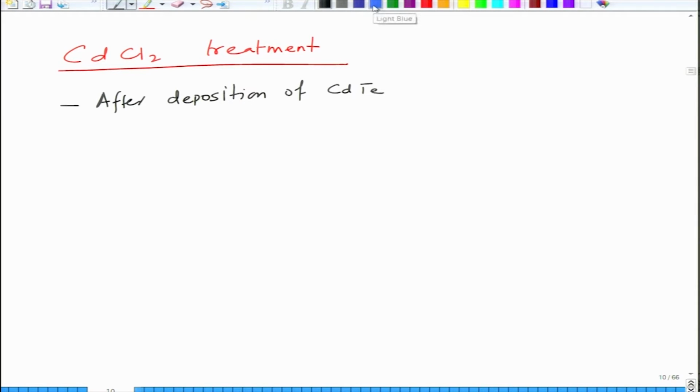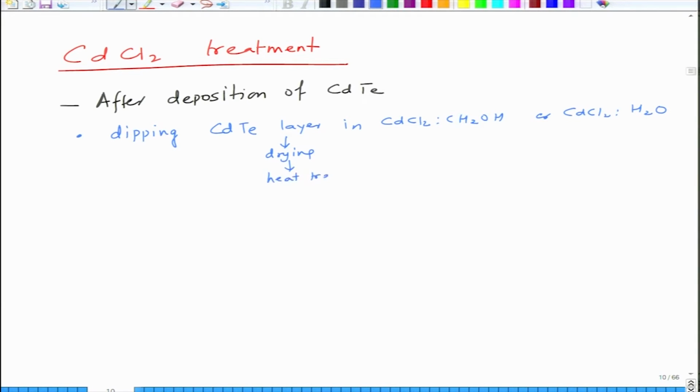So, you can have first method as dipping CdTe layer in CdCl2 CH3OH bath, or it could be CdCl2 H2O bath, followed by drying and then heat treatment, okay.